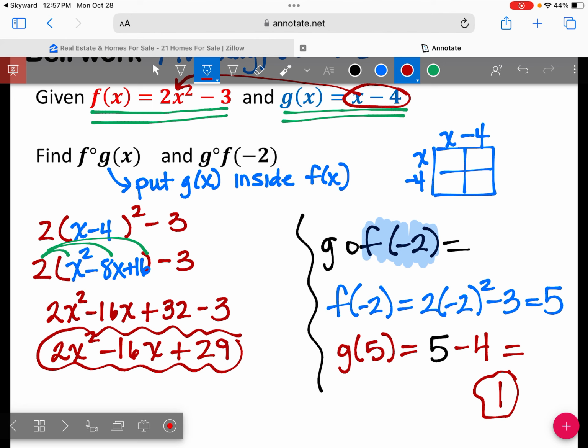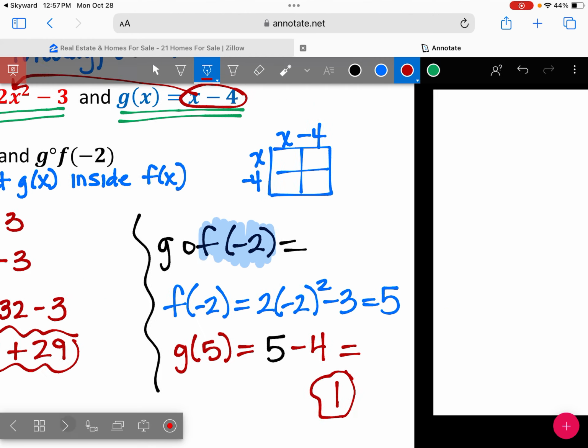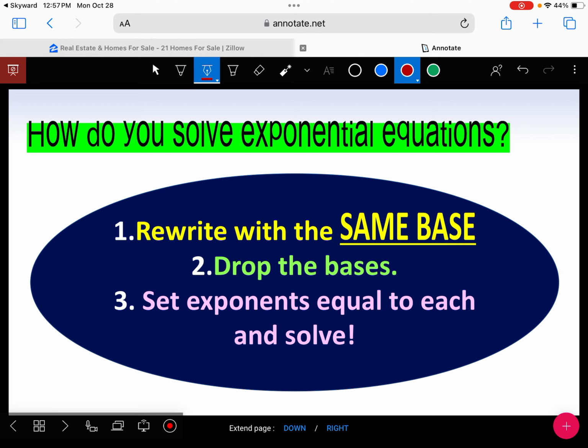All right, so the last thing we're going to talk about, and we'll be finishing up chapter 5.3 today, is solving exponential equations. I'm going to give you about 2 minutes to copy down these steps if you don't remember it.